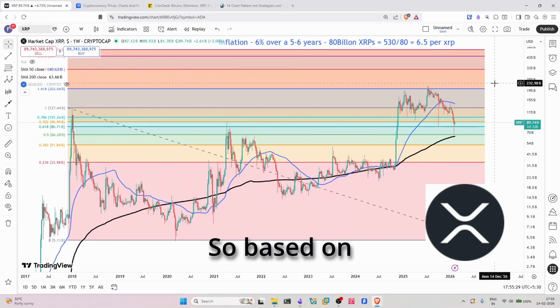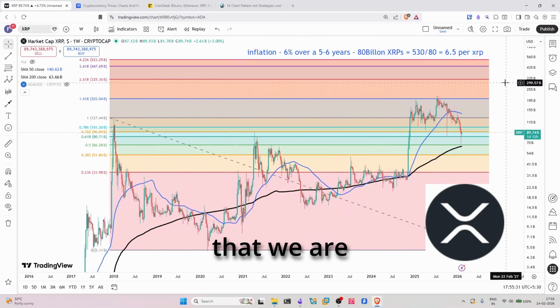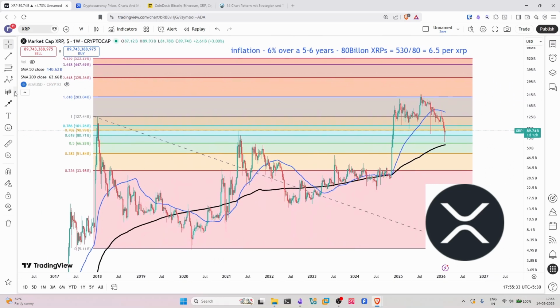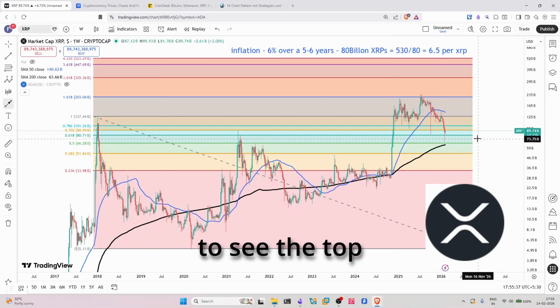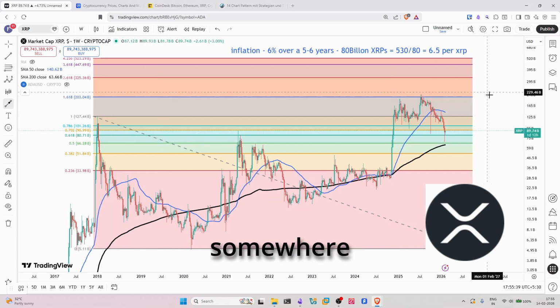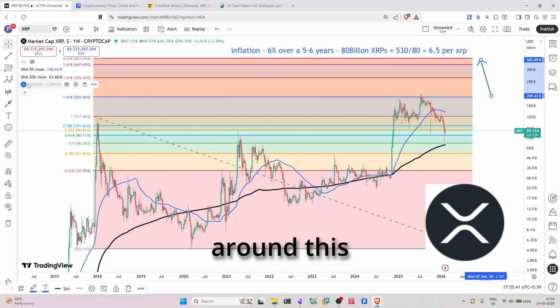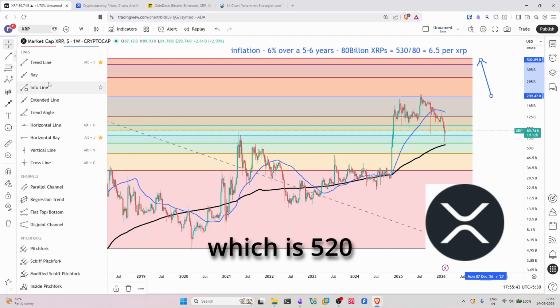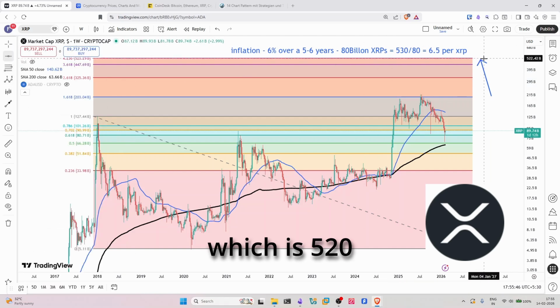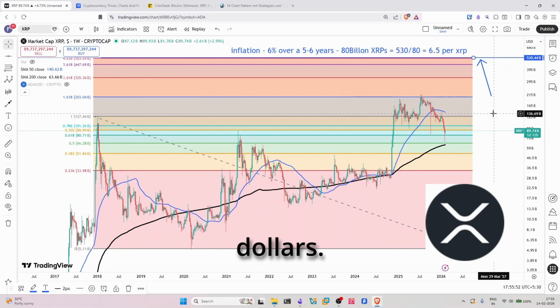Based on this, I feel that in the next cycle we are going to see the top of XRP somewhere around this, which is $520 billion, or let's say $530 billion.